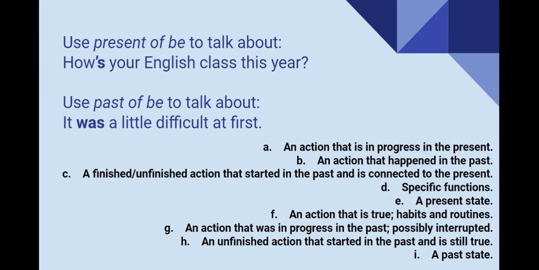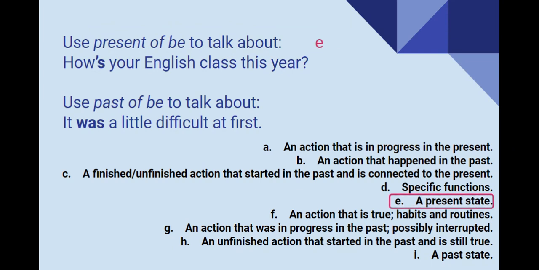Is verb to be used to talk about an action that is in progress in the present, an action that happened in the past, a finished or unfinished action that started in the past and is connected to the present, a specific function, a present state, an action that is true, habits and routines, an action that was in progress in the past, possibly interrupted, an unfinished action that started in the past and is still true, or a past state. That's right, we're going to use verb to be in the present to talk about a present state.